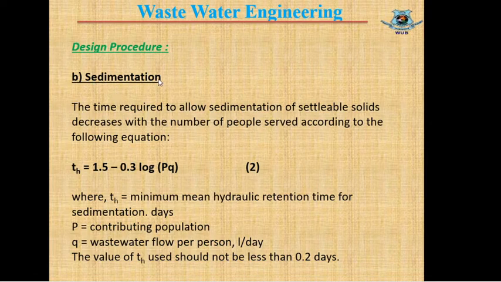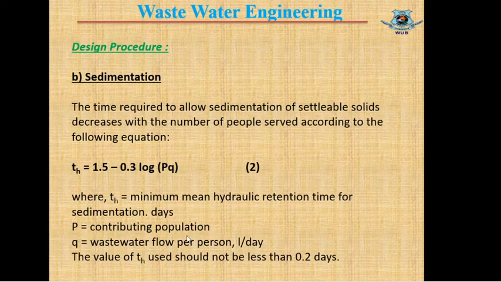The second item is sedimentation. First we need to calculate the time required for sedimentation. From this equation we can easily calculate the time required to sediment in the septic tank. Here TH is the minimum mean hydraulic retention time, in days.